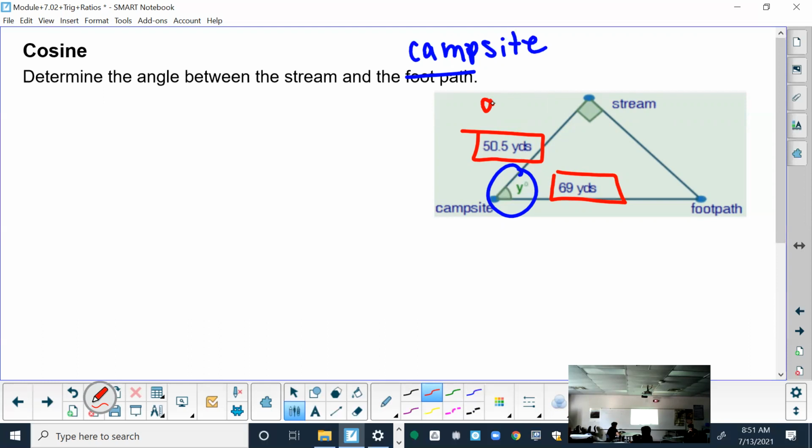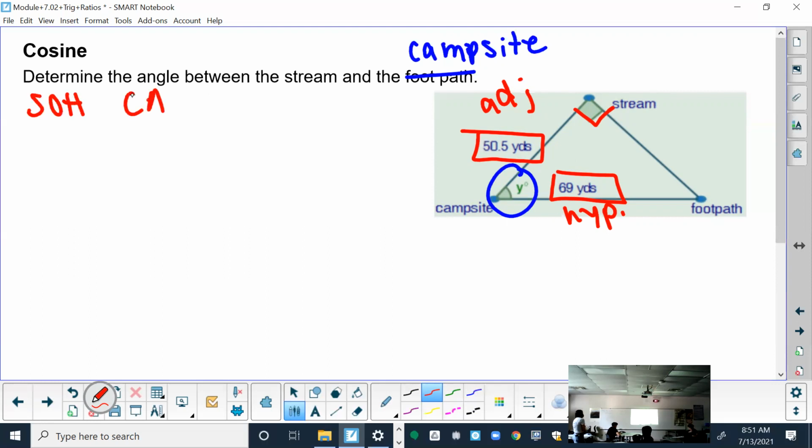Adjacent, good, because it's next to the angle. The other side, the 69 yards, is also next to it, but that one is called what? The hypotenuse, because the hypotenuse is always your longest side, across from the 90 degree angle. Questions?